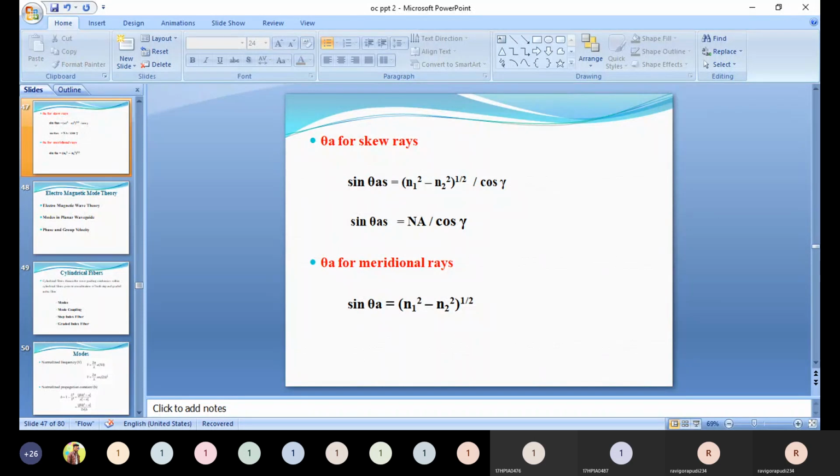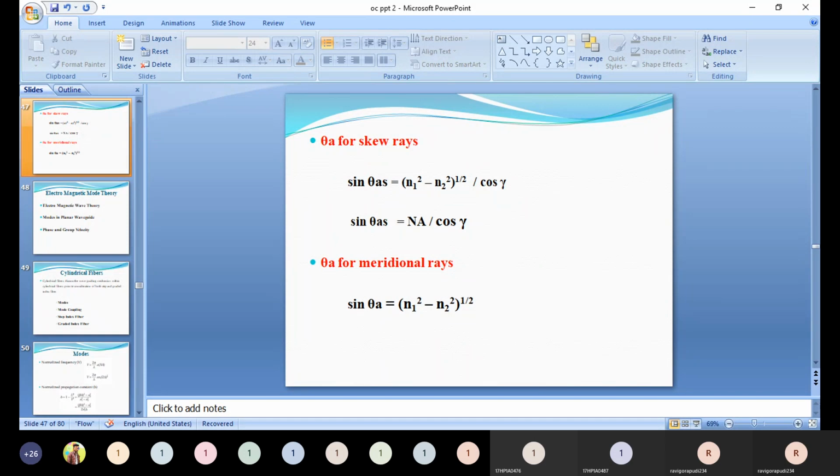Calculate maximum acceptance angle of the fiber in air for meridional rays, and compare this value for skew rays.